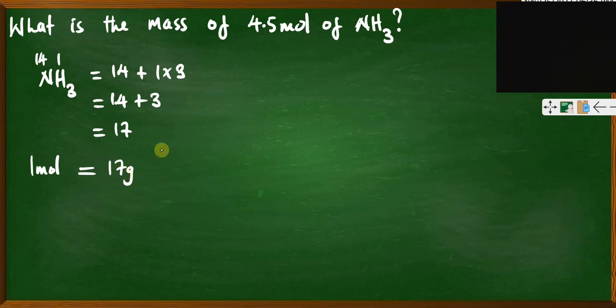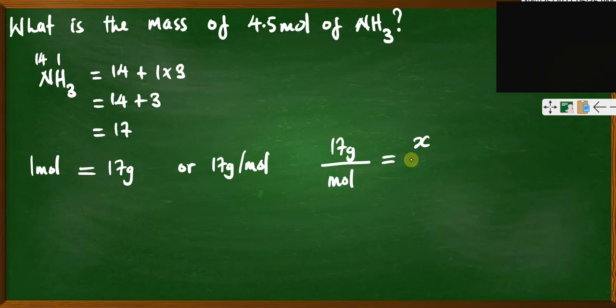Now you can put it in this way: 17 grams per mole. You have seen it, eh? Let's use this one now. You put 17 grams per mole, then mole down there, then equals. On this side you don't know the mass, so you say x over 4.5 mole.